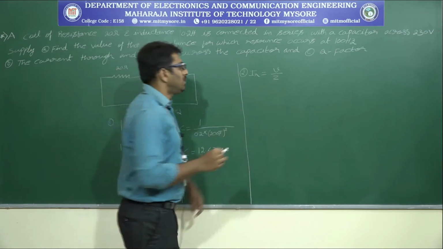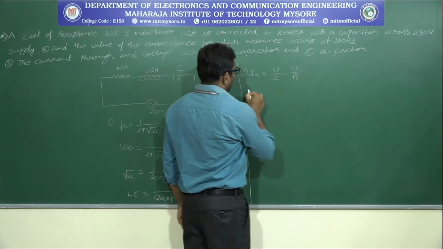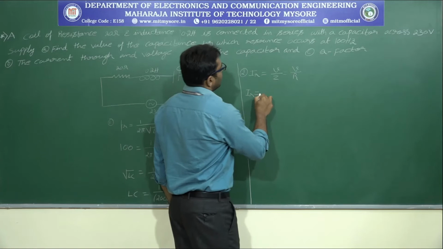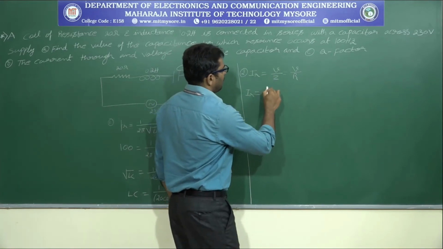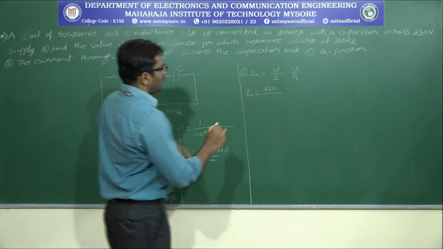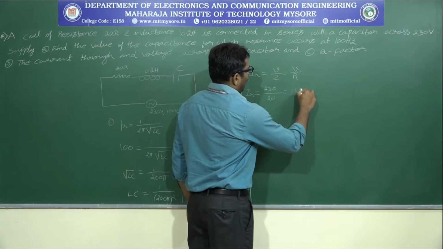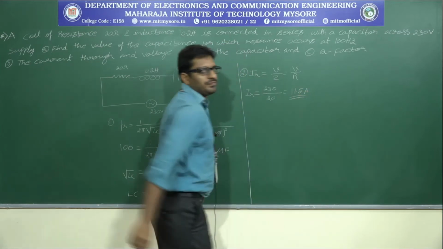Z is equal to R. Therefore, V divided by R. Therefore, IR is equal to, what is V? How much? 230 volts. 230 volts divided by, what is the R value? 20 ohm. So 230 divided by 20, 11.5 amps.